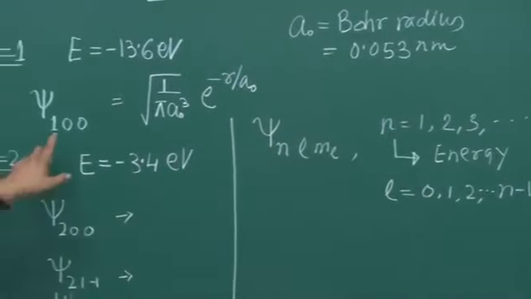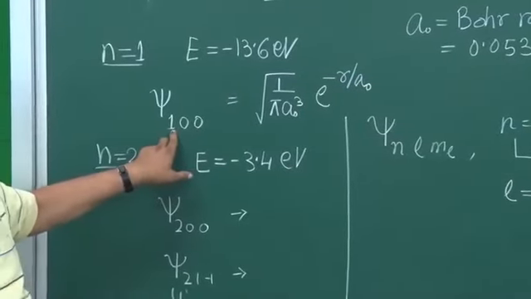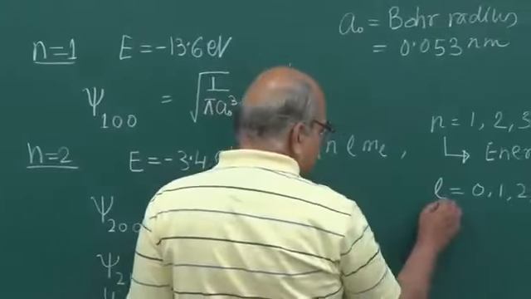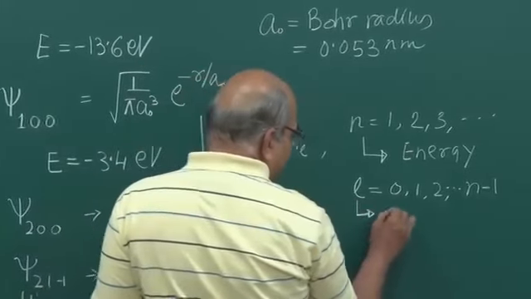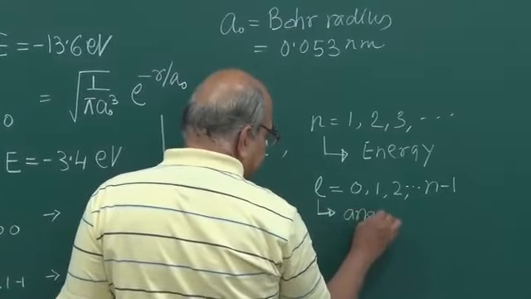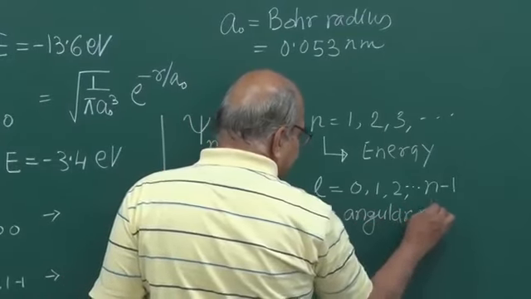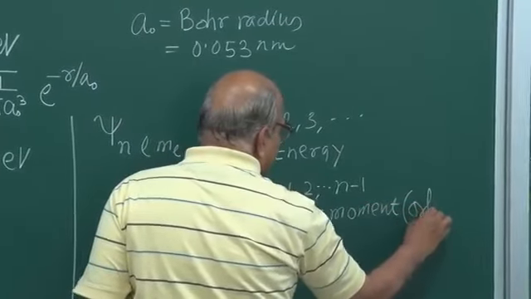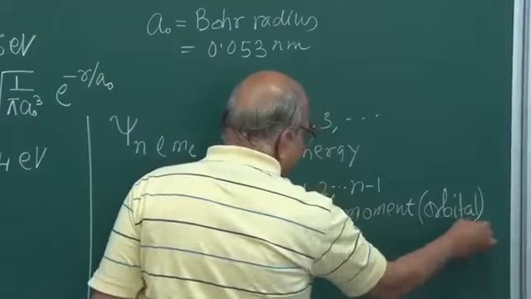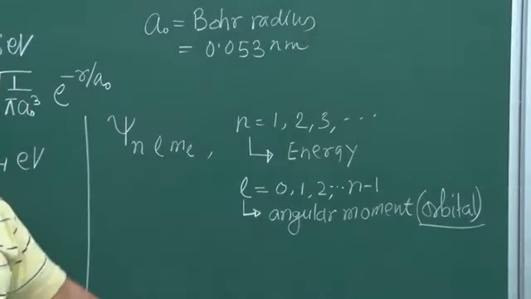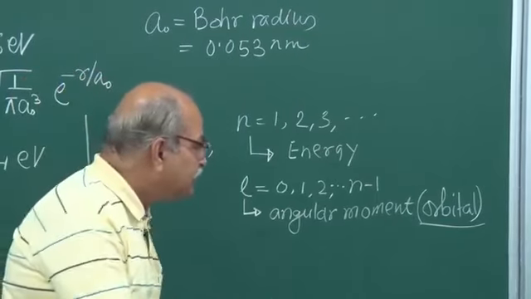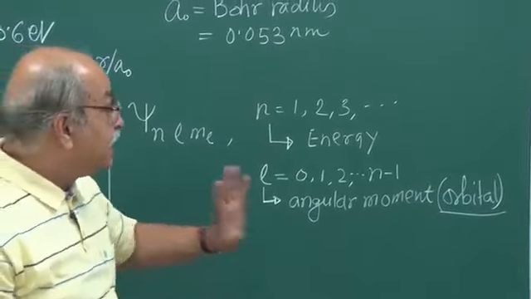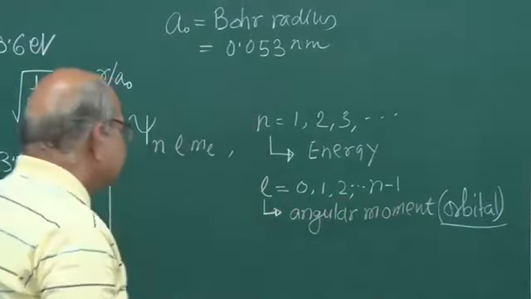This L is related to angular momentum, and in fact we call it orbital angular momentum. Don't go by the meaning of orbital, that there is some orbit or so, just take it as a name.